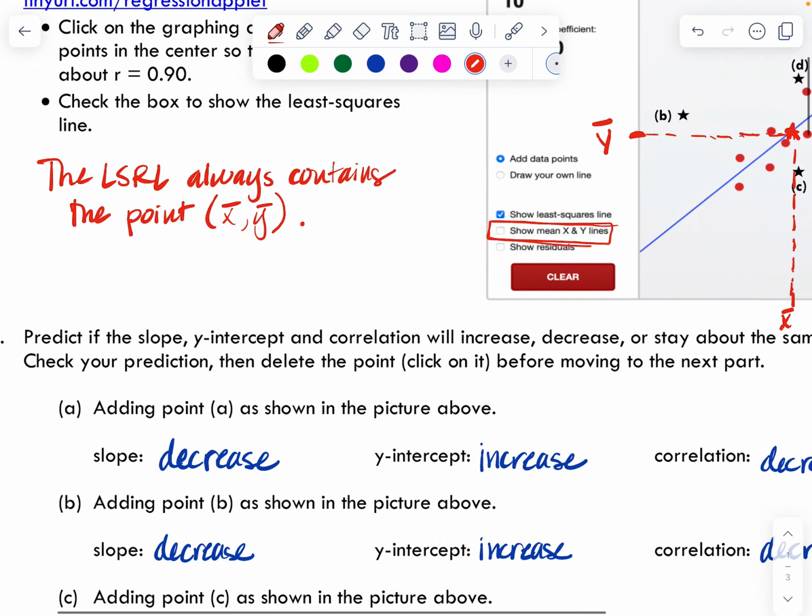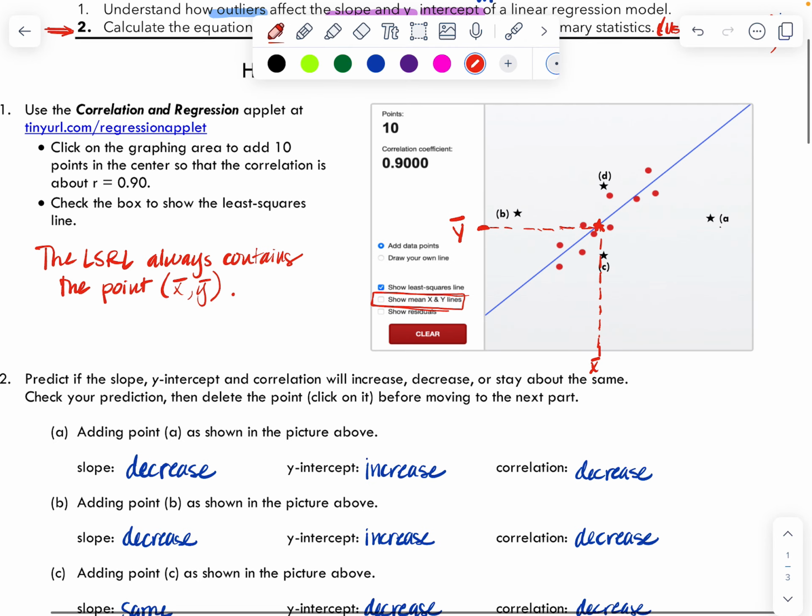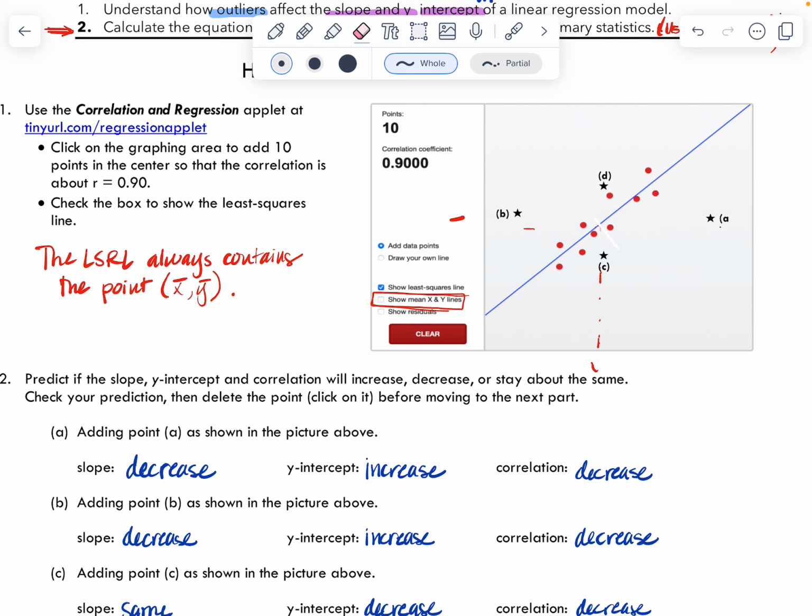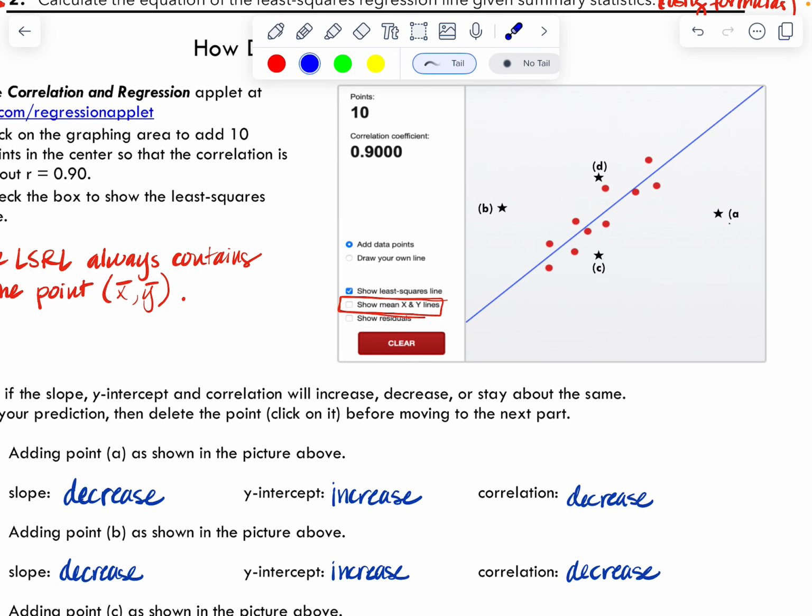All right, so as you went through this, you'll notice that we had our points up here. I'm going to take that off for now. In my original one, it looks like these. And then we have these points that we're adding in, A and B, and then C and D. What I want you to notice is that A and B are both outliers horizontally.